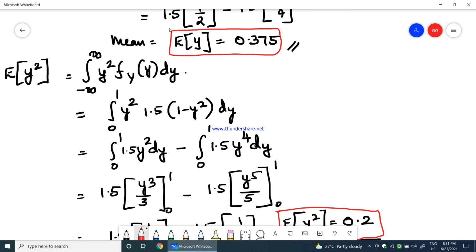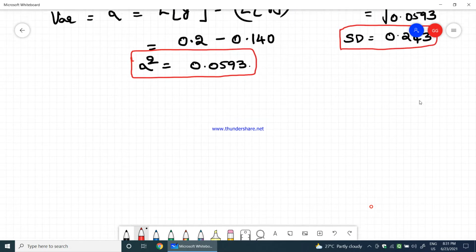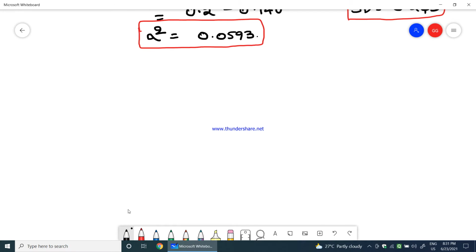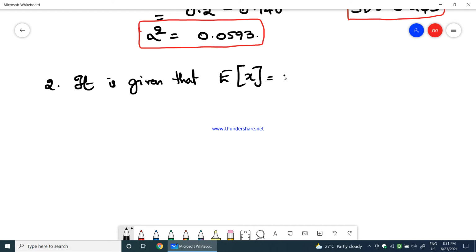Now let us go with the second problem. It is given that E of x equals 2.0 and that E of x square equals 6.